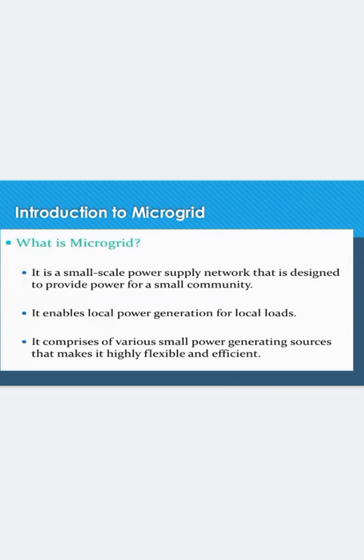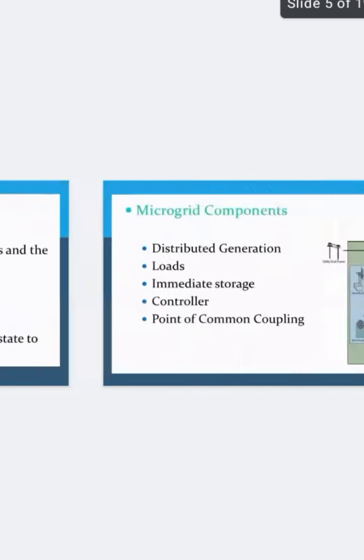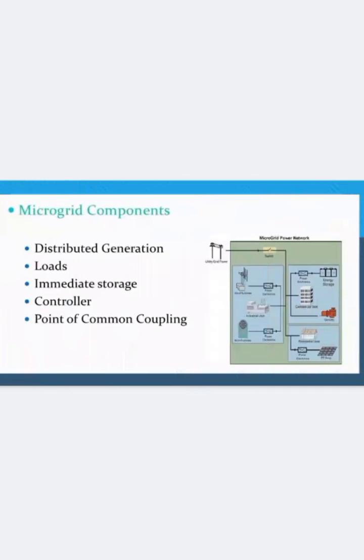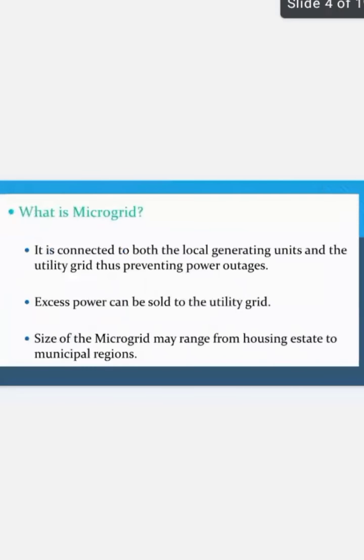Microgrid comprises various small power generating sources that make it highly flexible and sufficient. Also, it prevents power outages, that is load shedding. It is connected to both local generating unit and utility grid.